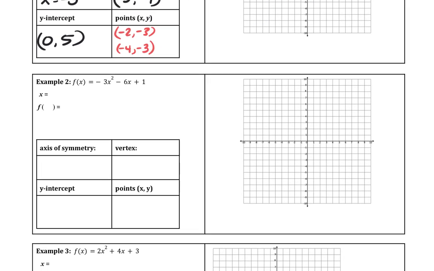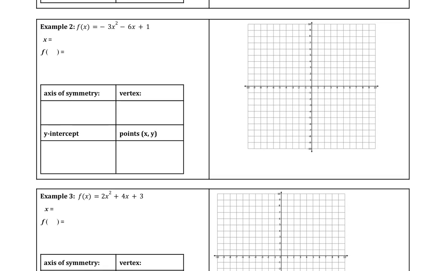All right, let's try another one. So my x value, I have negative, negative 6. So that's going to be a negative, negative 6, negative b over 2 times a is equal to negative 1. Okay, so I get 6 divided by a negative 6, which is negative 1. So I put negative 1 in there.